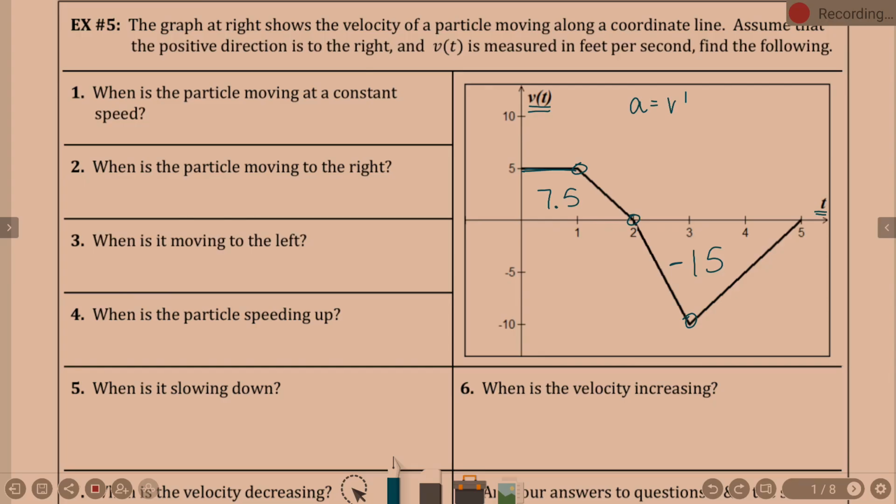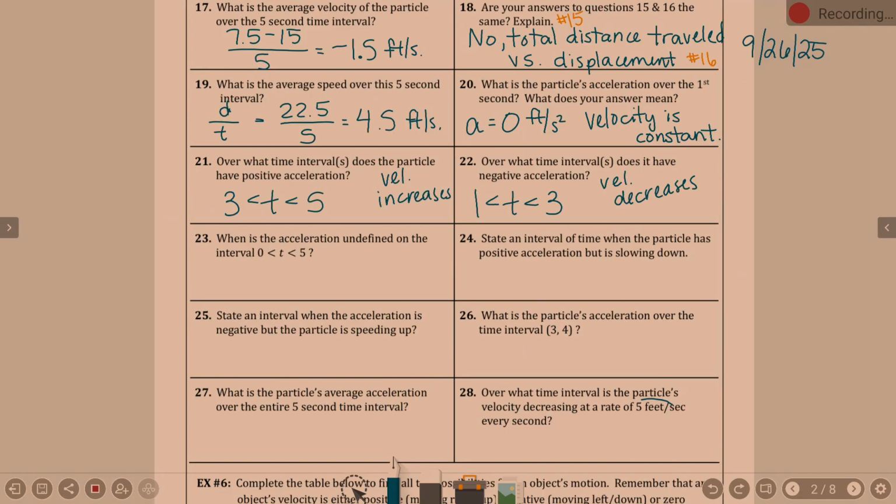So when the derivative does not exist, which is sharp points or cusps, t equals 1, 2, and 3.